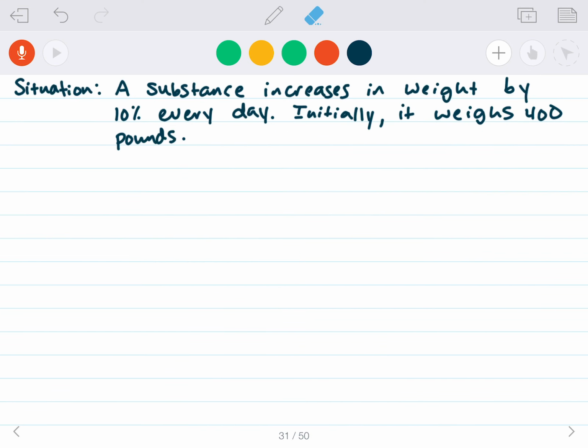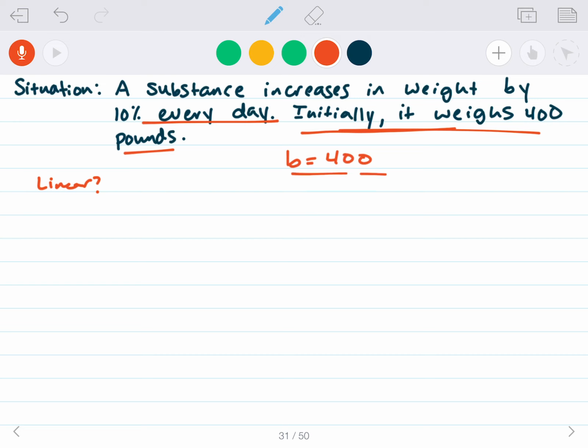Okay, so for this situation, we have a substance that increases in weight by 10% every day, and initially it weighs 400 pounds. So we want to ask ourselves, is this a linear situation? Well, we're given this initial value of 400 pounds, so that could potentially be a y-intercept here.